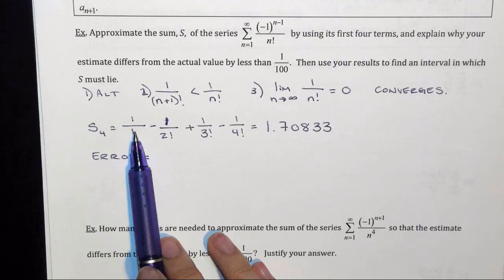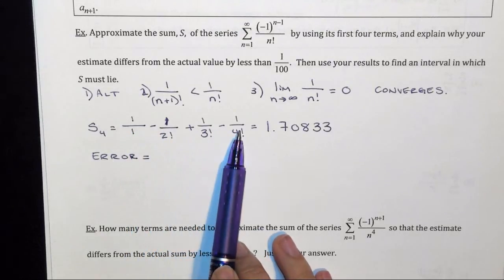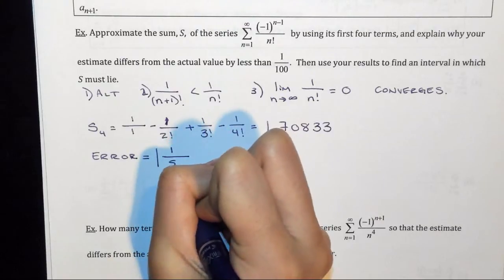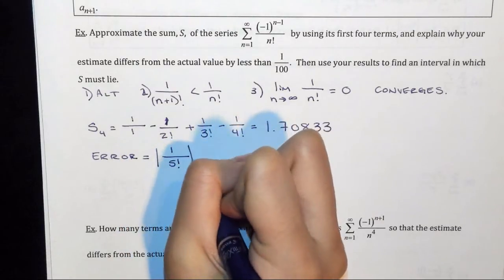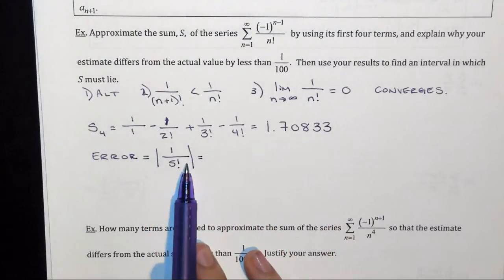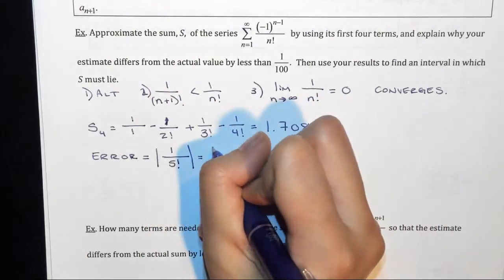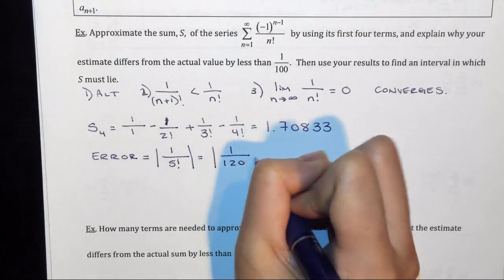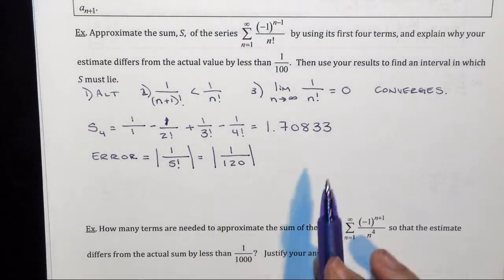So the next term in this sequence would be the absolute value of 1 over 5 factorial. Error is always positive, so that's why we're doing absolute value. So the next term would be 1 over 5 factorial. Well, 1 over 5 factorial is 1 over 120.